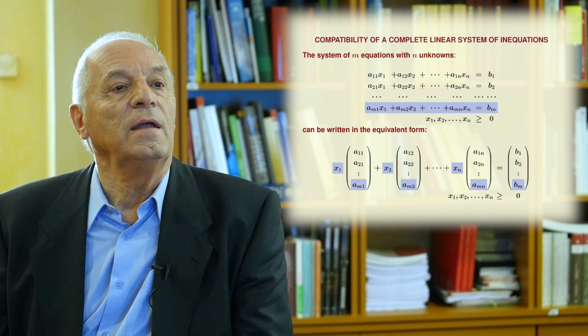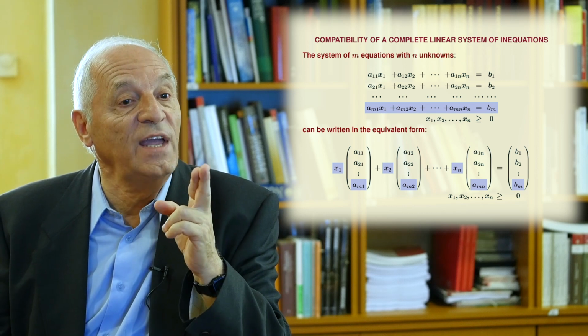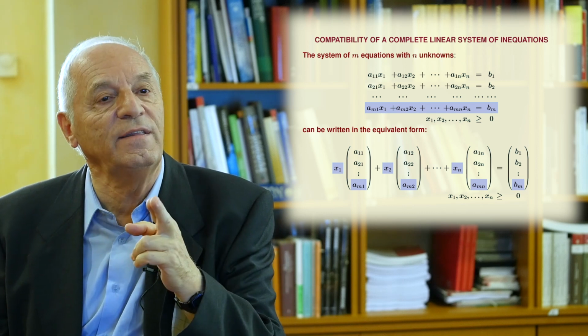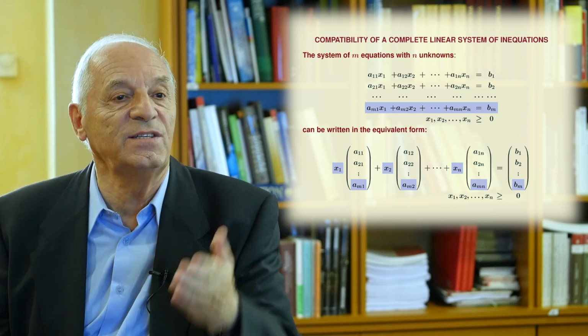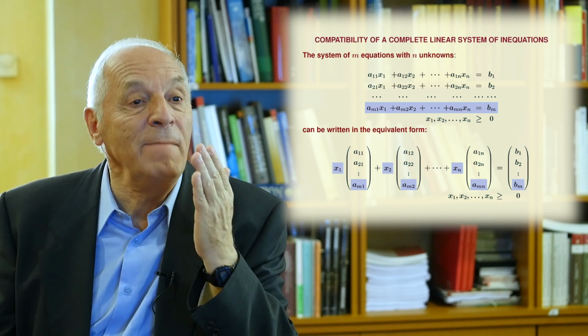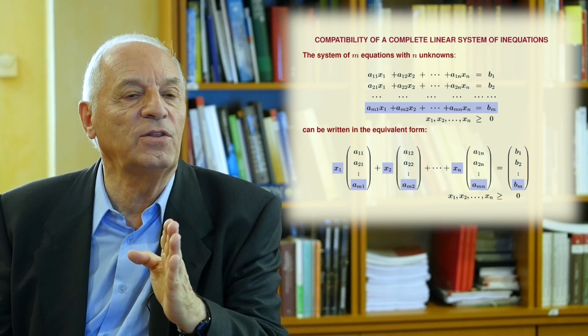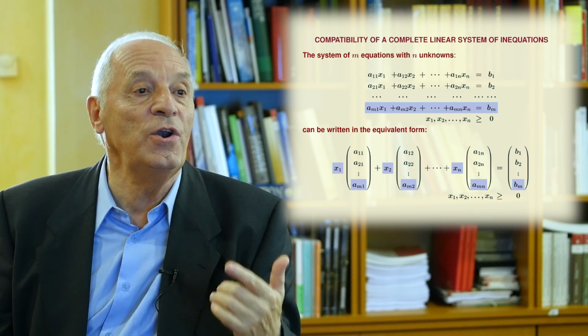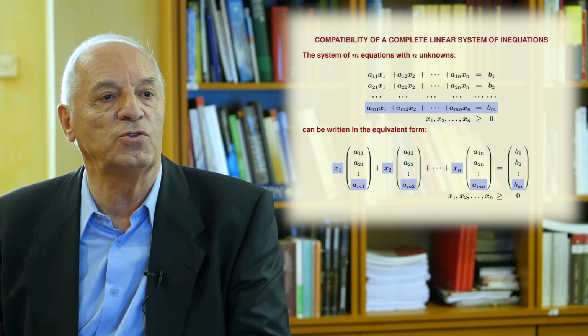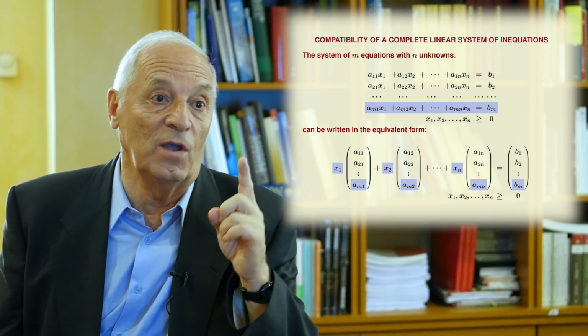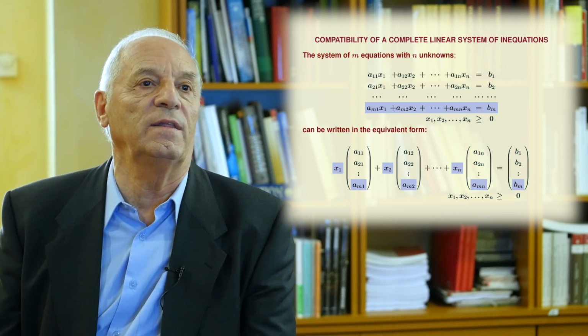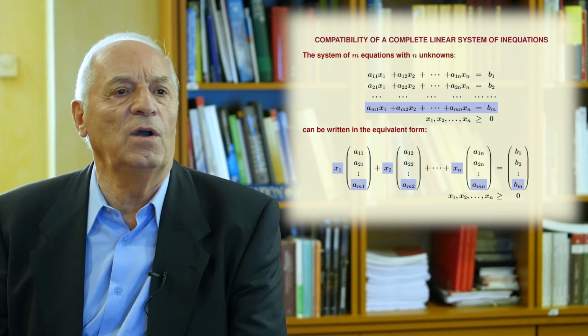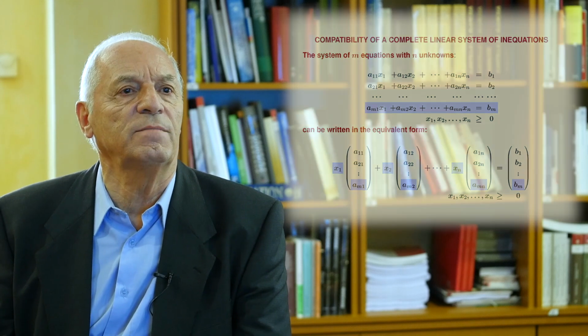And then, because the x are all non-negative, that means that the column vector belongs to the cone generated by these columns, to the cone, not to the linear subspace, because the coefficients are non-negative. So this is the way of solving these systems and analyzing the compatibility.